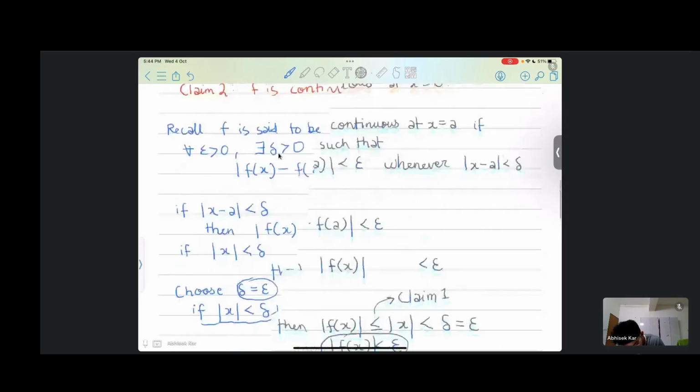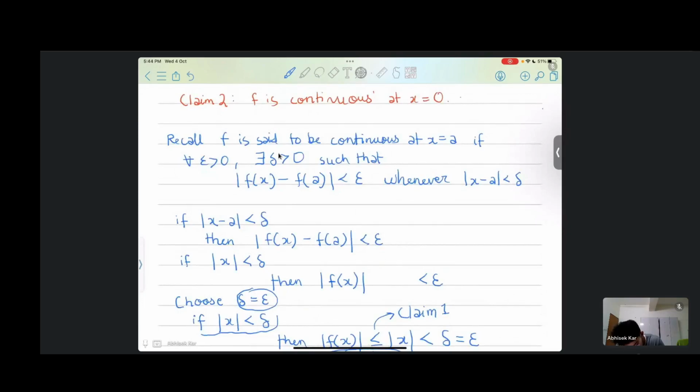We had to find a delta, right? There exists a delta. This is the delta, and of course you can also check that it is greater than 0, because epsilon is greater than 0 and we have taken delta equal to epsilon, so delta is also greater than 0.